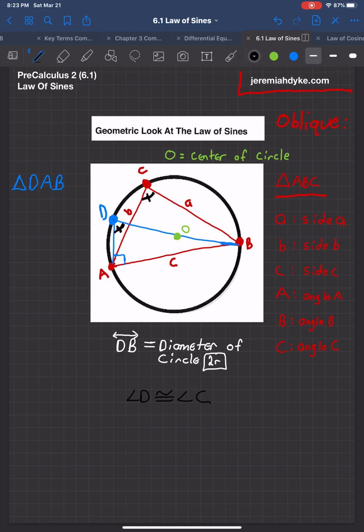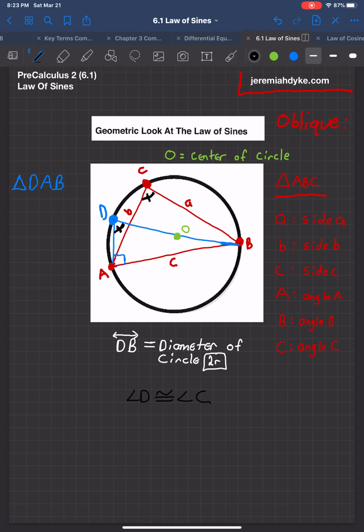Now, I could go into the geometrical reasons why, when you have a triangle inscribed within a semicircle where one of the sides goes through the center of the circle O, it intercepts the same arc length.